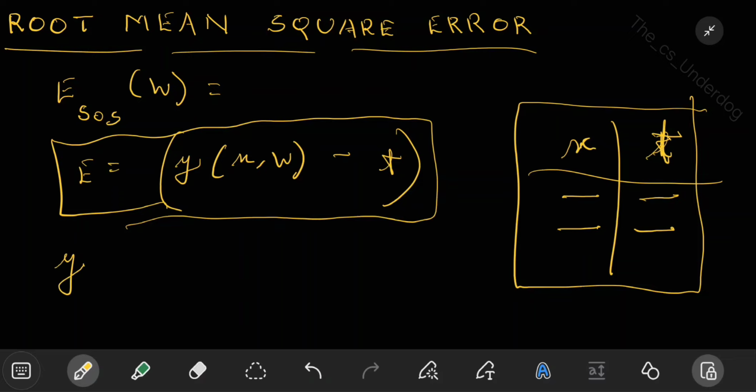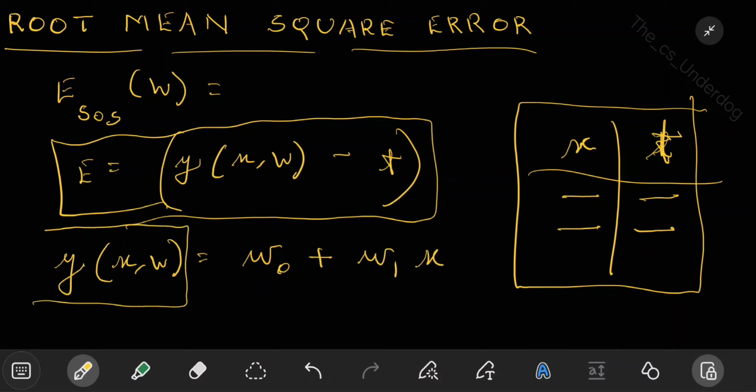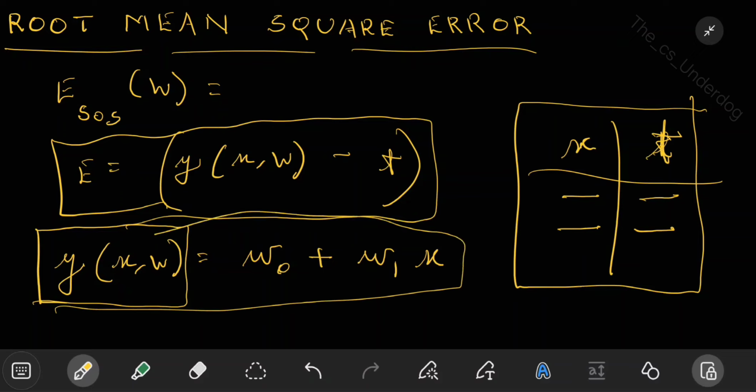In that case, we modeled it like y of x, w is equal to, let's say there is only one x term, w0 plus w1 x. So here y is the value that we found using our linear regression and t is the actual target. So what will you do? You will first take one value of x.